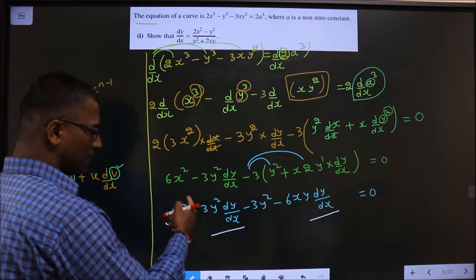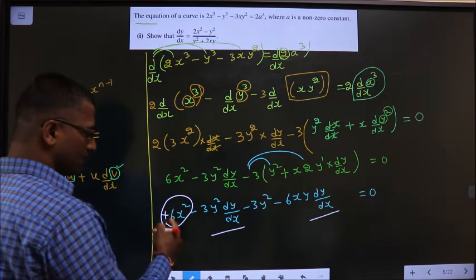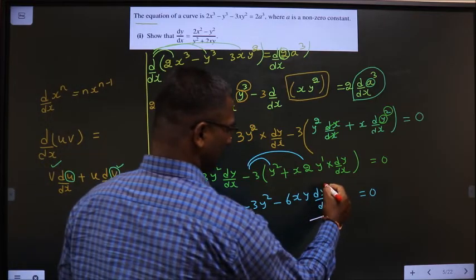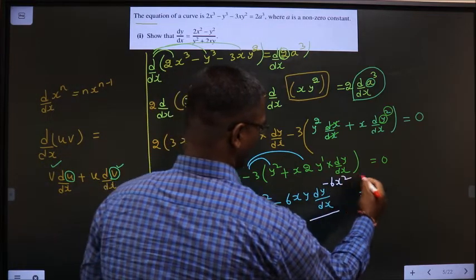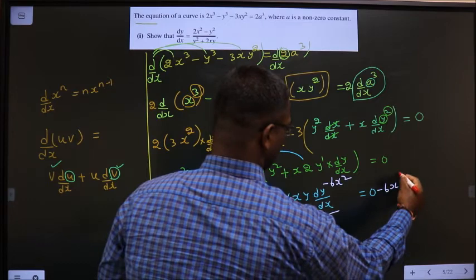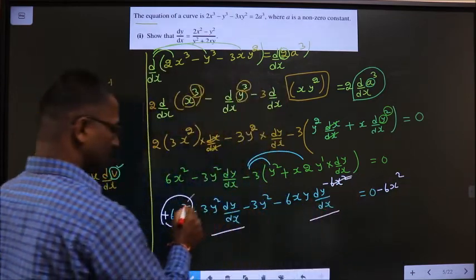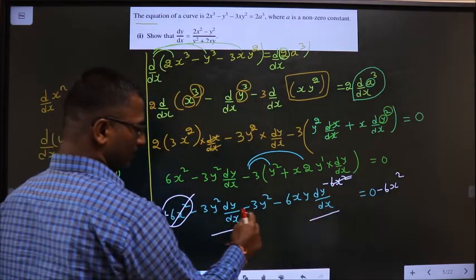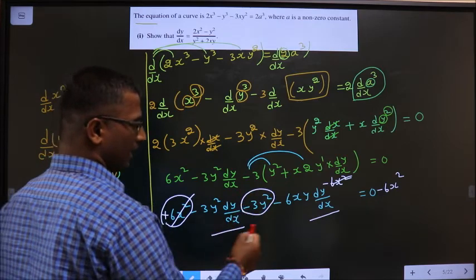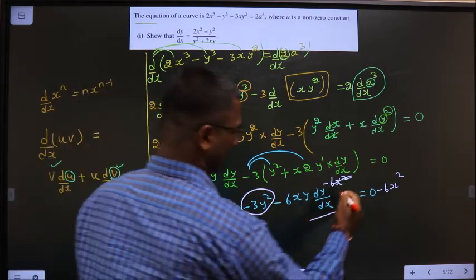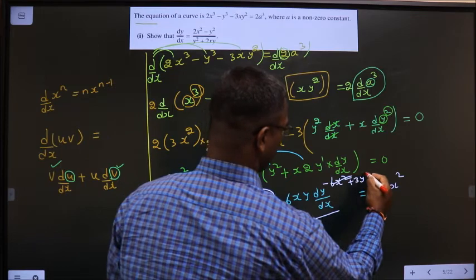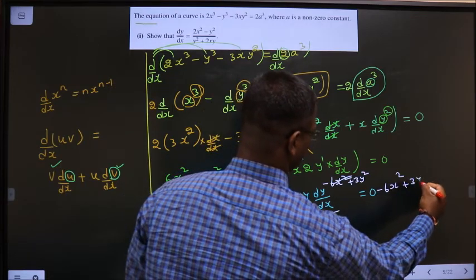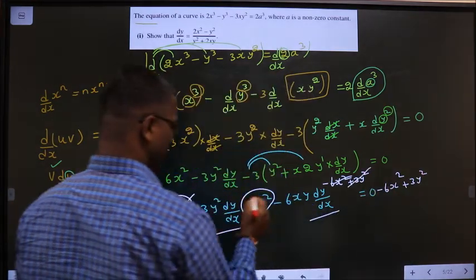I should get rid of plus 6x². And how do I do that? By subtracting 6x² on both sides, such that this cancels out. Next, I should get rid of this. And how do I do that? By adding 3y² on both sides, such that this cancels out.